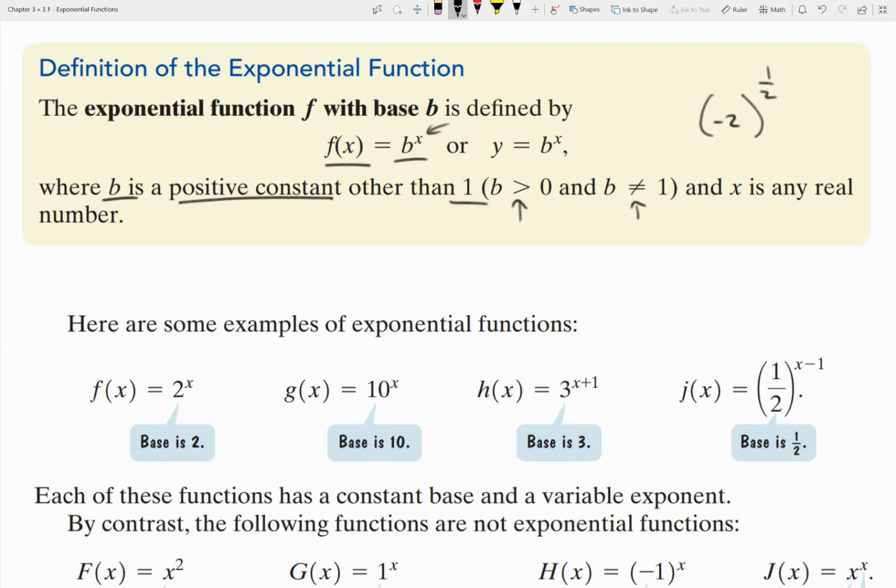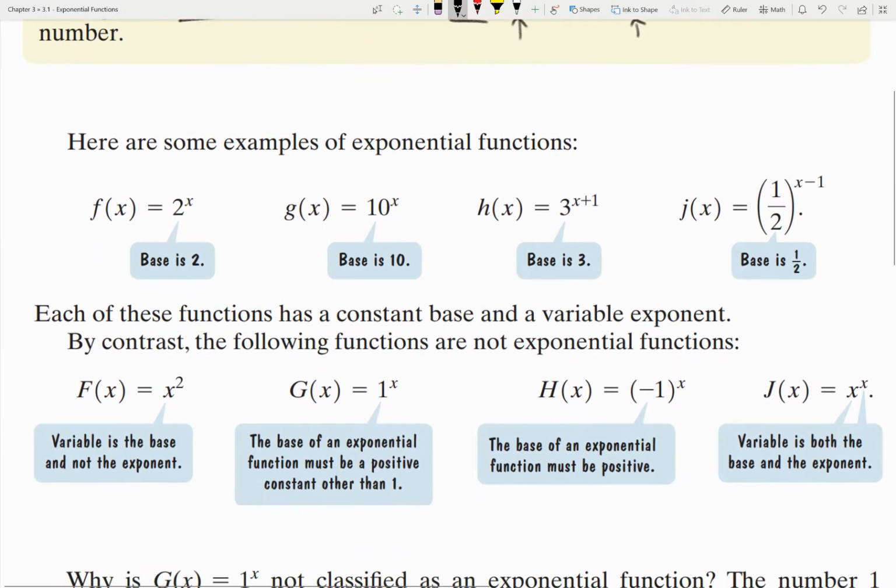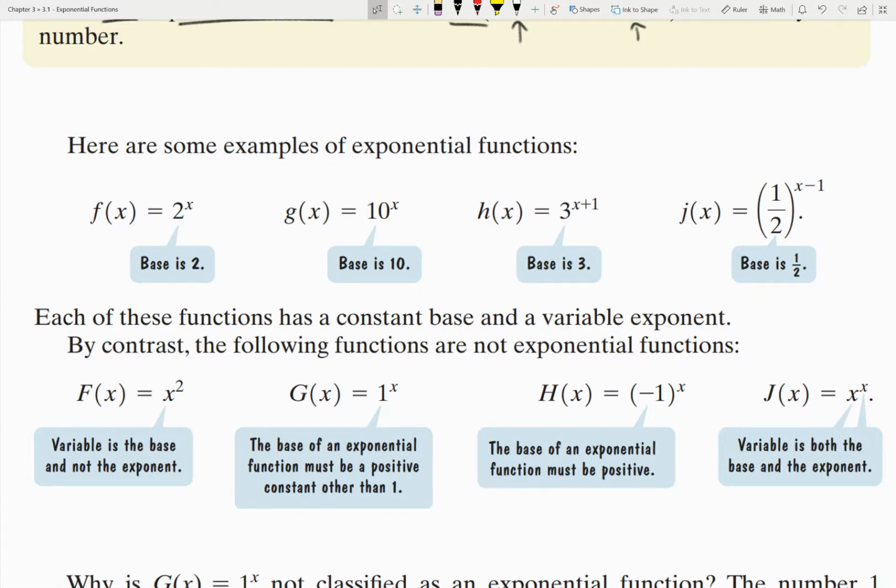This becomes the issue, because fractional exponents mean square roots, so this would be equivalent to the square root of -2, which would not be real. So my restrictions are all based on that logic: b has to be greater than 0, can't be equal to 0, and b can't be equal to 1 in order to make an exponential function.